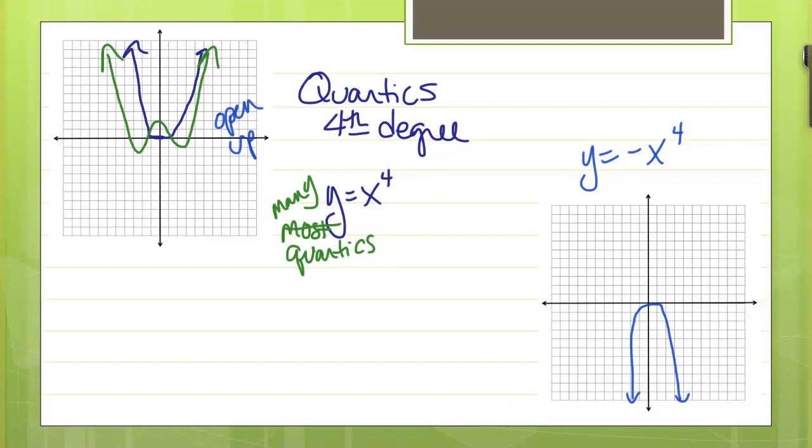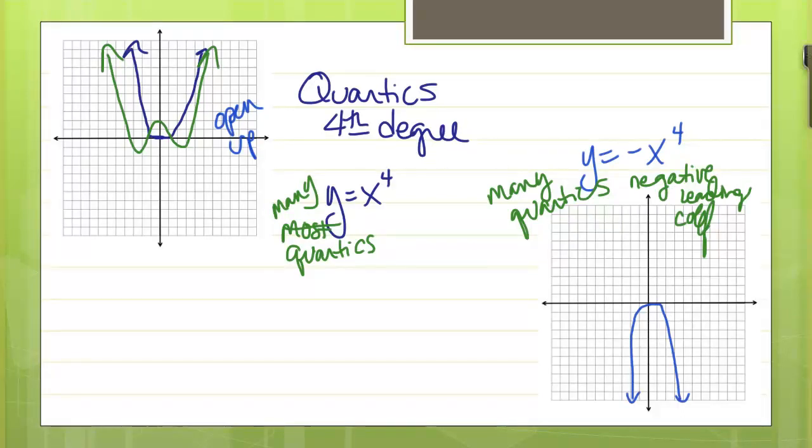But many quartics with a negative leading coefficient are still like a W, but what's different? Now they open down.